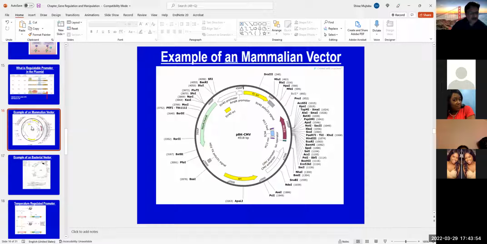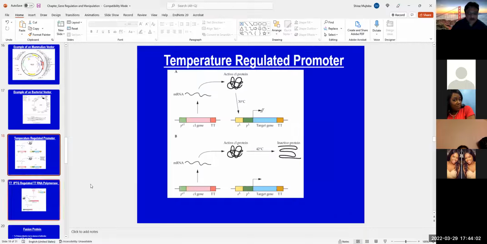These are various plasmids that can help in the transcription and translation. Now, some of the promoters are very temperature regulated. This is to scale up protein. Analogous to IPTG, you see here how people have engineered a protein. At normal room temperature, mRNA is made, and then the temperature increases to 30 degrees Celsius.